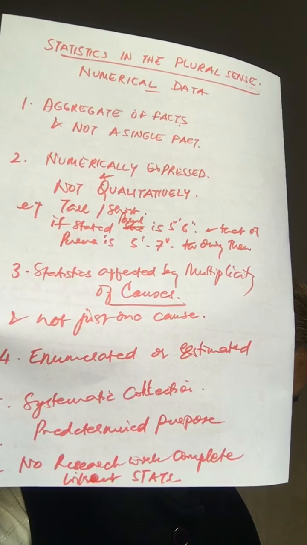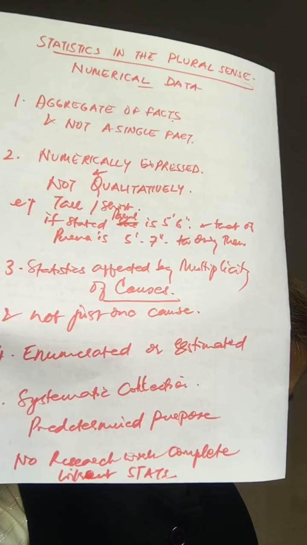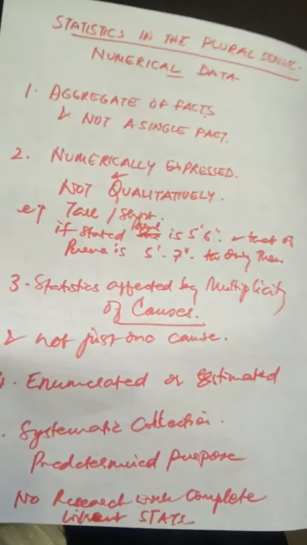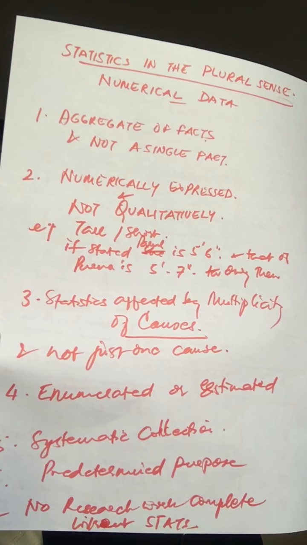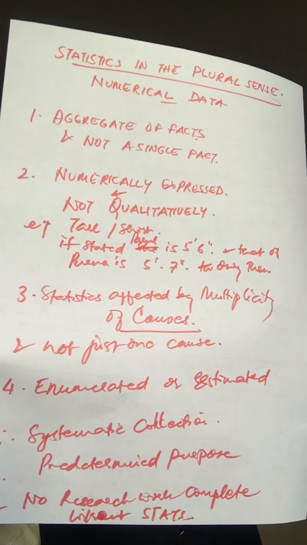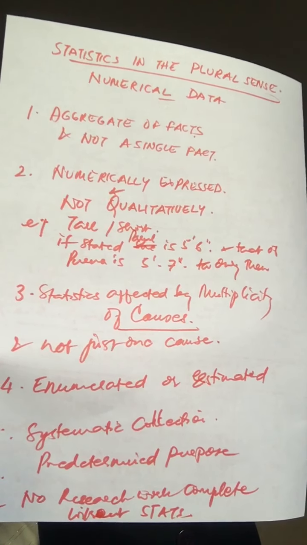So for example, statistics are aggregate of facts. A single fact cannot be called statistics, even though the fact is numerically expressed. It has to be placed in relation to some other figure, otherwise it will not be statistics. It should be aggregates of facts and not just one fact only.